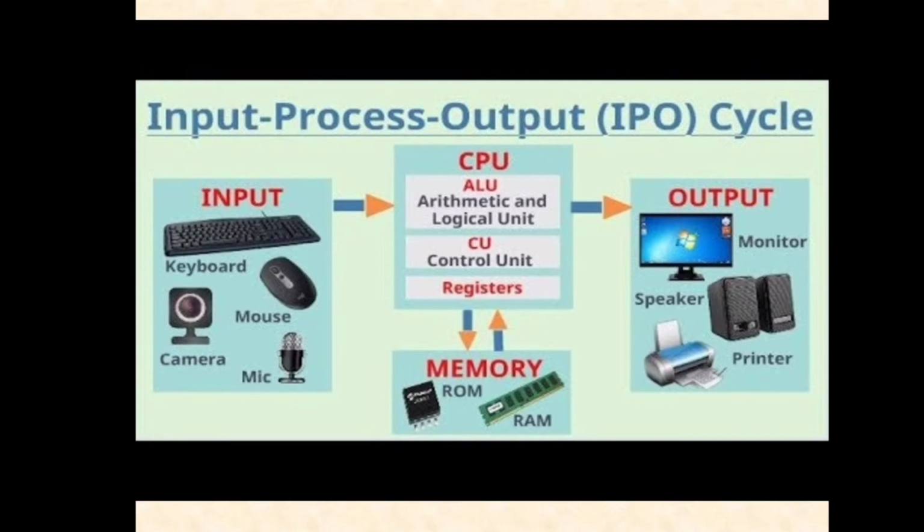To CPU. In CPU, you will find ALU and CU and registers. ALU stands for arithmetic and logical unit. CU stands for control unit. And underneath that, you will find memory for storing purpose.